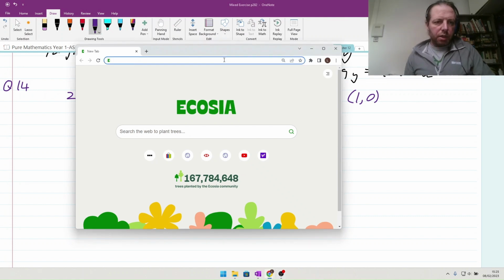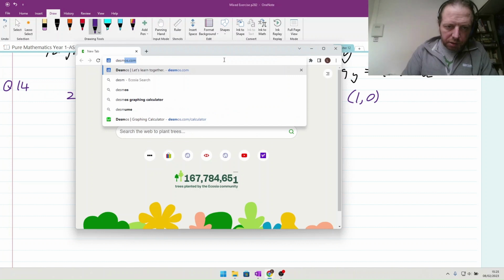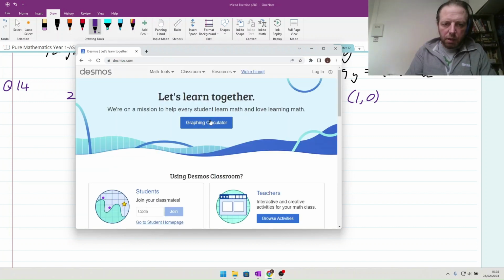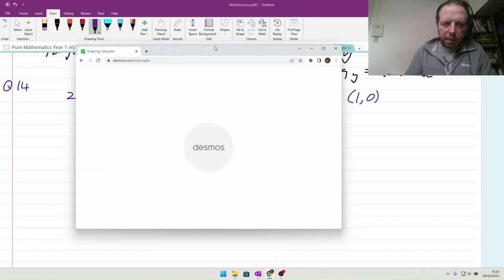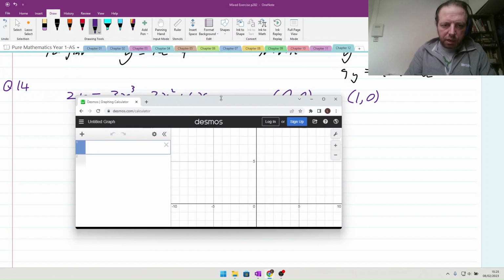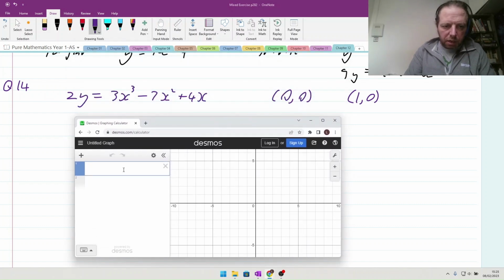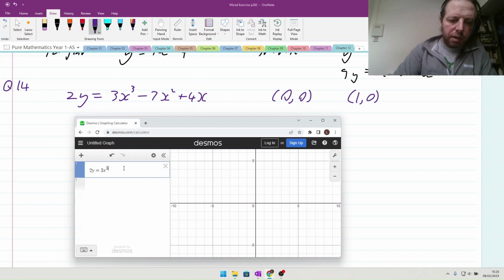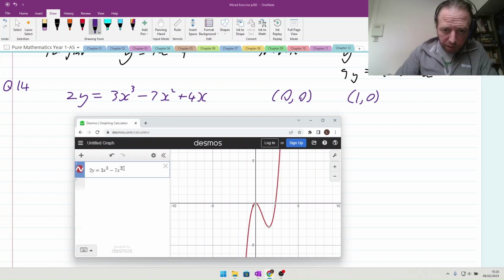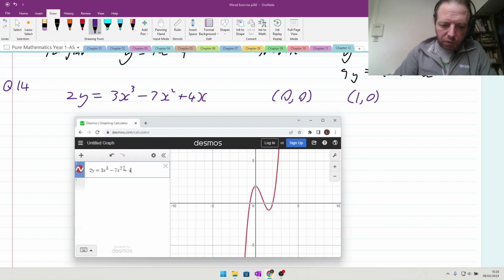Okay, so with a web page open, let's look at Desmos so that we can have a little look at this graph to get an idea of what it looks like. So we've got 2y equals 3x to the power 3 minus 7x squared plus 4x.